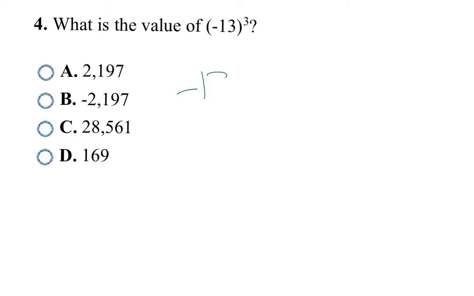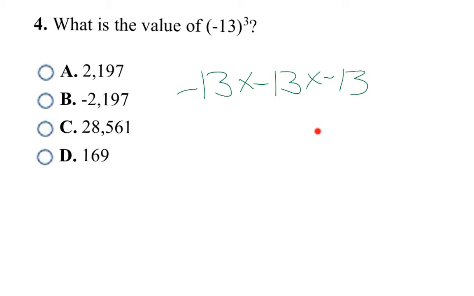So I'm going to have negative 13 times negative 13 times negative 13. So when you take a negative times a negative, that's a positive. And when you take a positive times a negative, that's a negative. So that's why your answer here has to be negative.